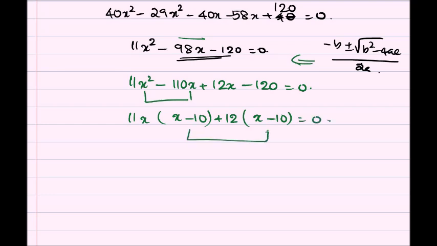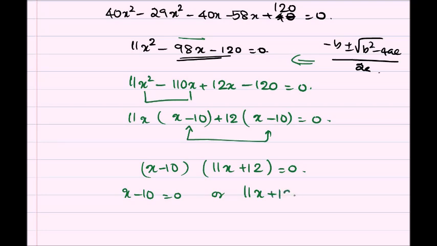From these two terms I will take x minus 10 as common, that is x minus 10 into 11x plus 12 is equal to 0. That is x minus 10 is equal to 0 or 11x plus 12 is equal to 0. That implies x is equal to 10 or x is equal to minus 12 by 11.